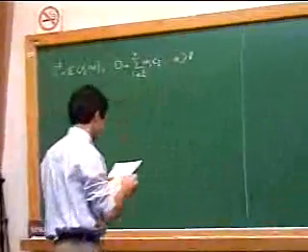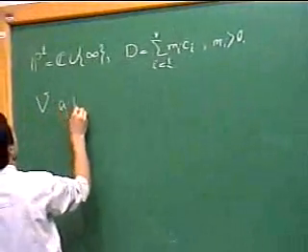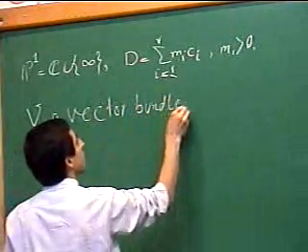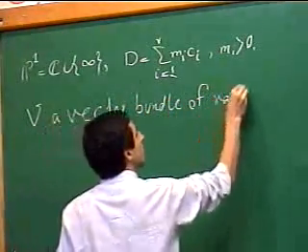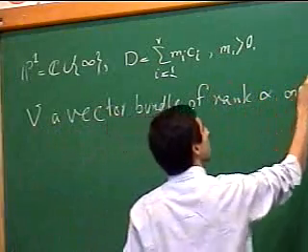And we have V, a vector bundle of rank alpha on P1.